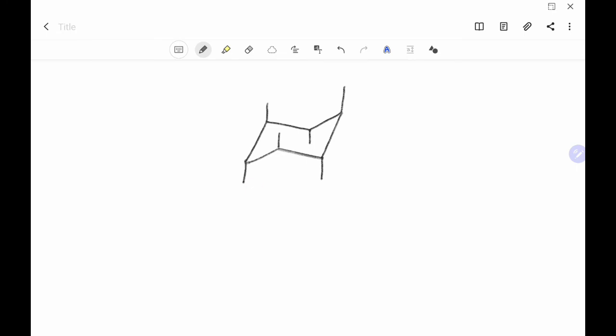Those are actually your axial bonds. For now we only have hydrogens in them. These hydrogens could easily be substituted by something else. So here are your axial hydrogens.